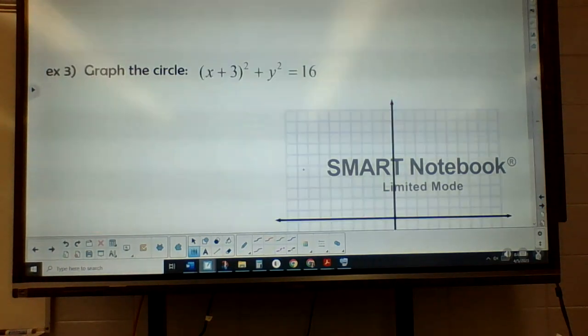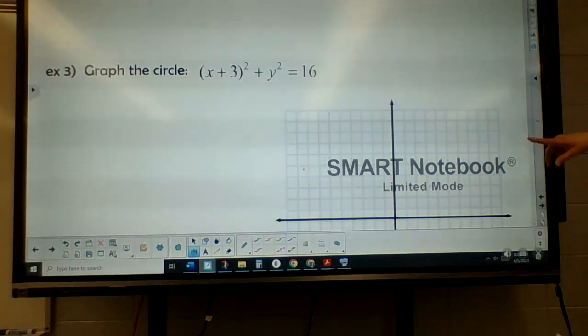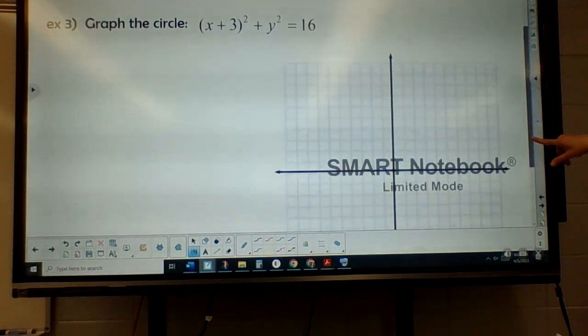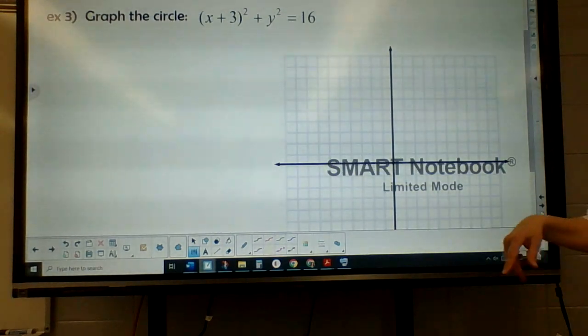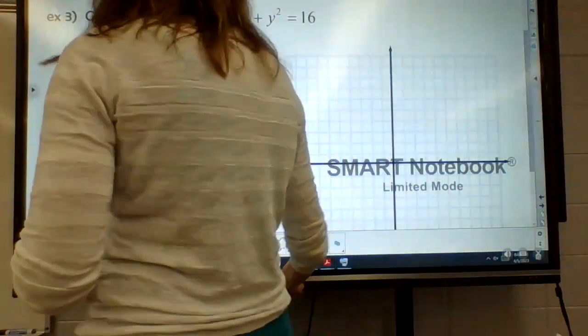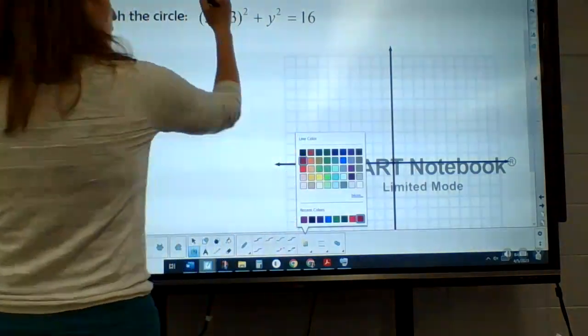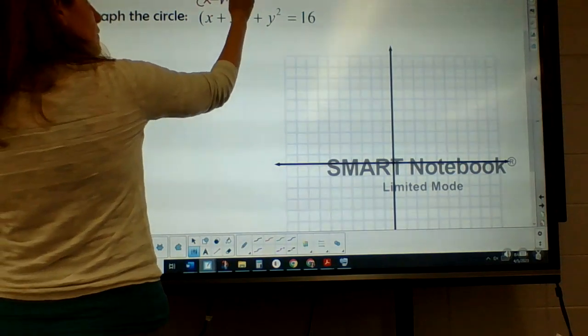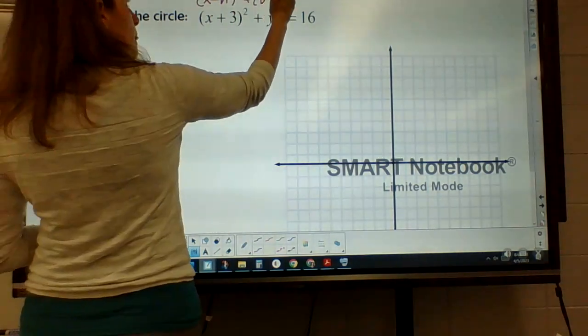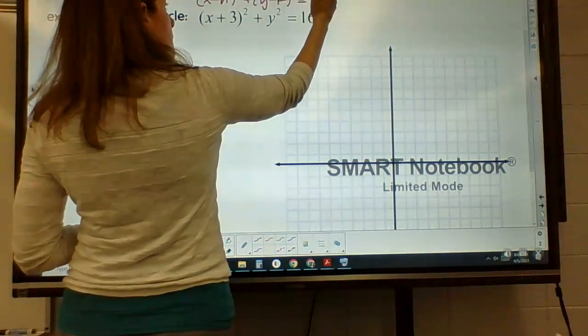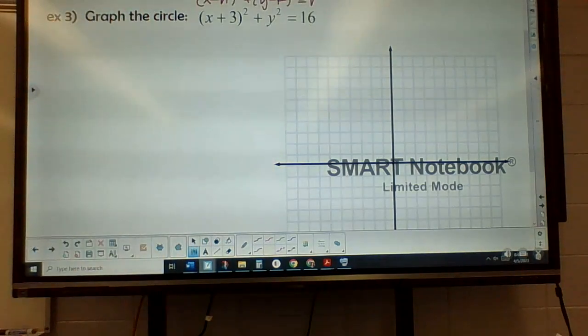They're asking us to graph the circle just based off the equation. So this is kind of what we did on that little scratch piece of paper I gave you guys, or the homework sheet I gave you. So remember our formula. So what's h and k?